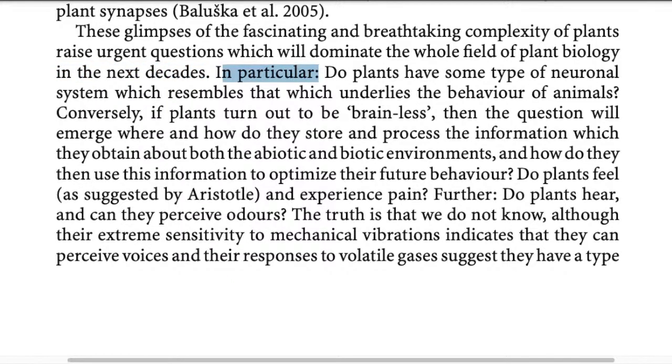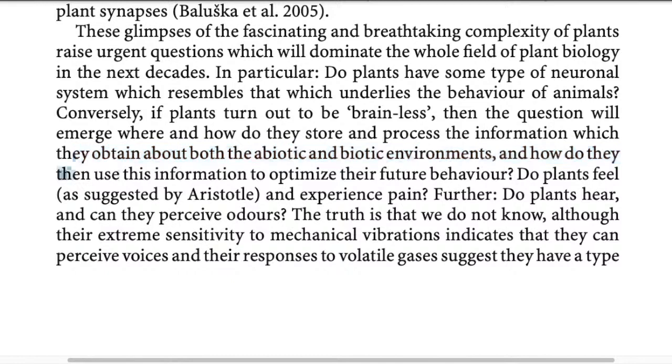In particular, do plants have some type of neuronal system which resembles that which underlies the behavior of animals? Conversely, if plants turn out to be brainless, then the question will emerge where and how they store and process the information which they obtain about both the abiotic and biotic environments.